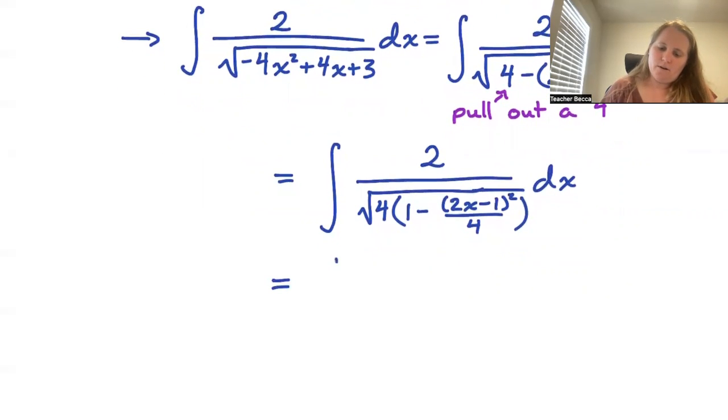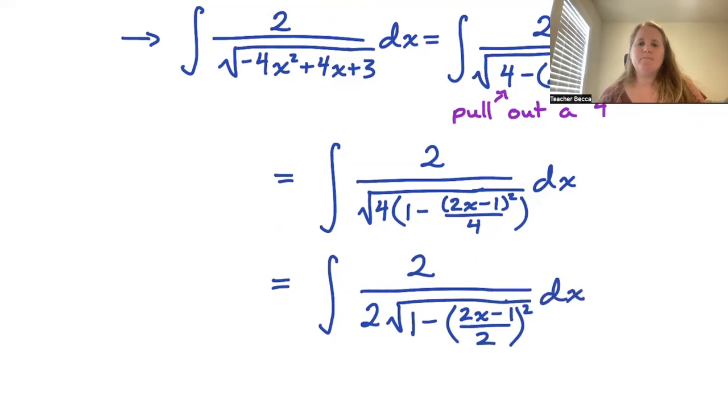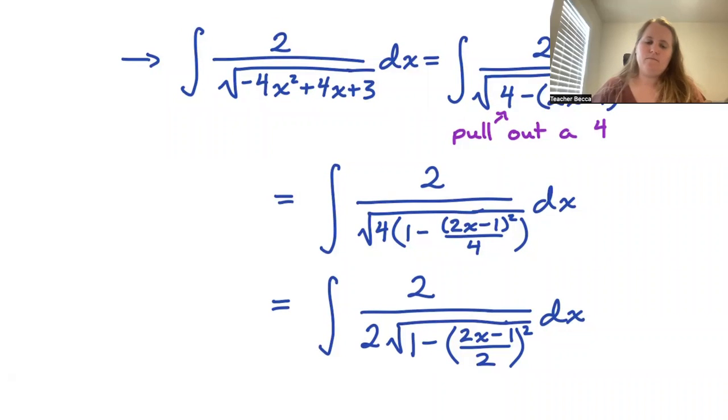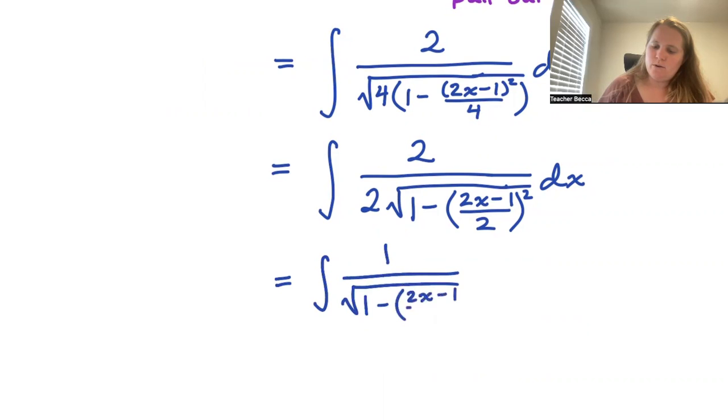The square root of 4 is just 2. On the left hand side, we have 1 minus 2x minus 1 over 2, whole thing in parentheses, squared, then dx. Giving myself even more room. We are now looking at the integral of 1 over the square root of 1 minus 2x minus 1 over 2, whole thing squared, dx.